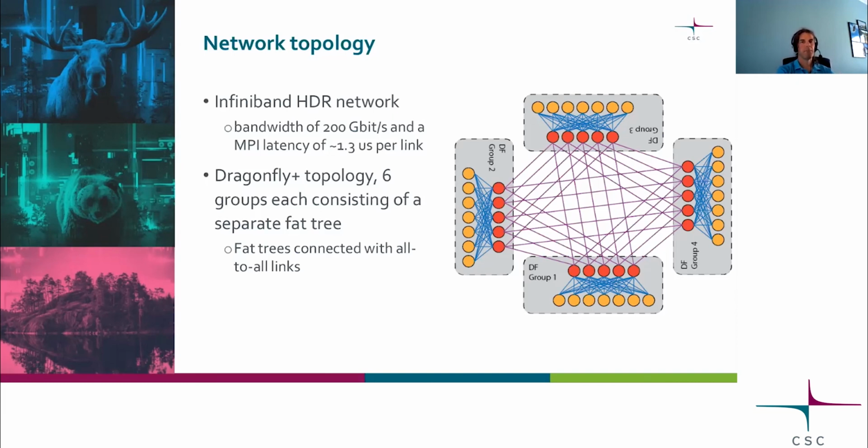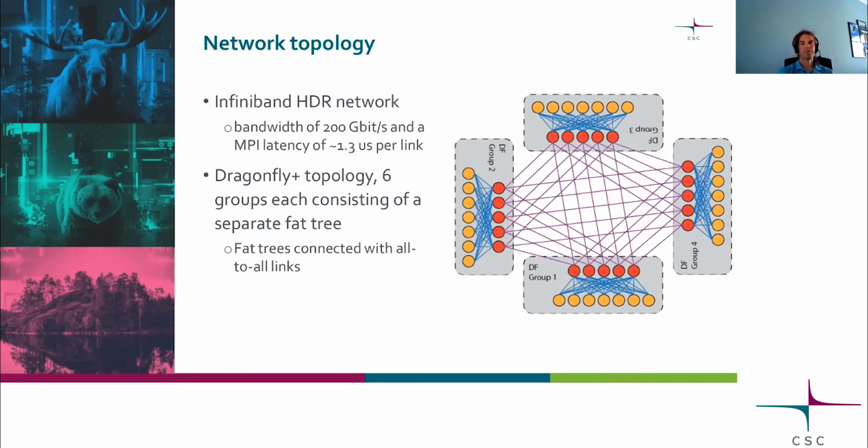The MPI latency is something like 1.3 microseconds per link, with bandwidth of 200 gigabits per second. And the topology is arranged so that all nodes are arranged into 6 different groups, in the so-called Dragonfly Plus topology. Each group then contains a bit over 200 nodes.